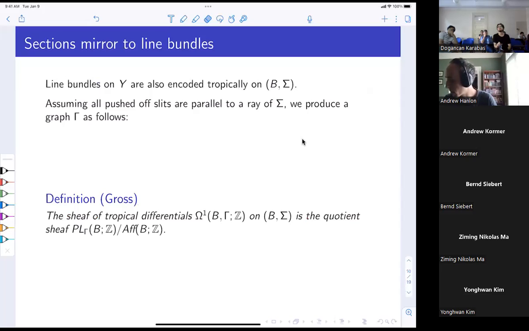Okay, so of course, it goes back a long time in the Gross-Siebert program that line bundles on this Y are also recorded by this sort of tropical data.